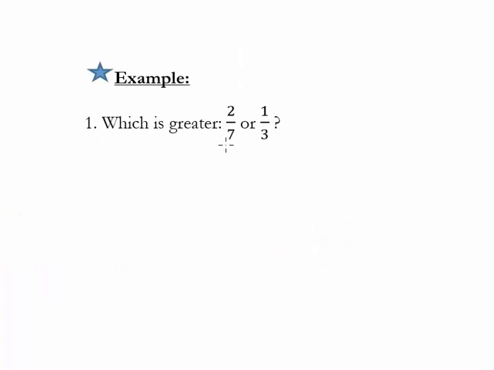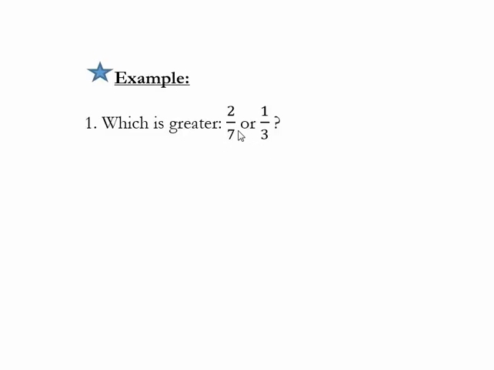So let's take a look at what this looks like. For example, let's say we want to compare two fractions. We want to compare 2/7 and 1/3 and say which one is bigger. Now again, I can't just say 2 is bigger than 1. I can't say 7 is bigger than 3. I have to put them in the same unit.